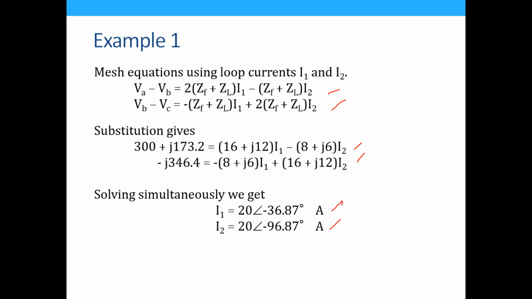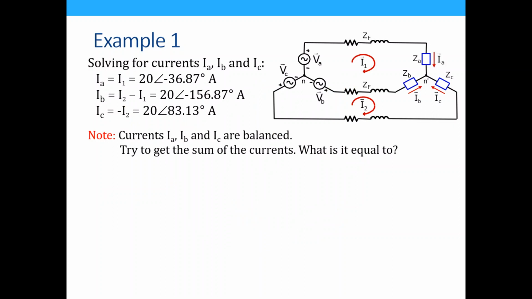Okay, so there's not much variables left here except for I1 and I2, which are unknowns. So you solve it simultaneously, we get different values of your currents. And to solve for IA, IB, and IC, we'll just do some manipulation right here. Okay, so these currents IA, IB, and IC are actually balanced.